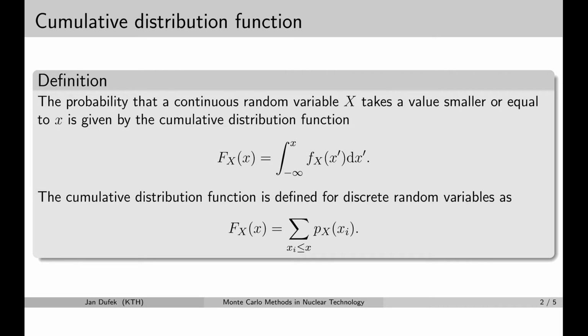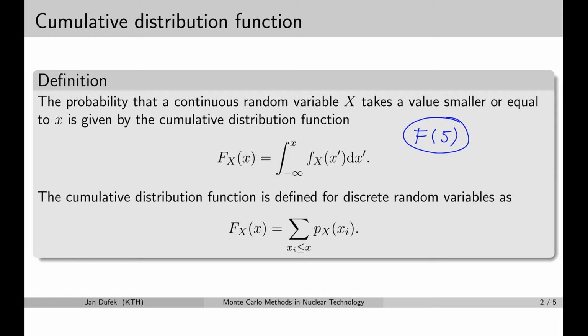Let's take our example of the distance between two collisions. Let's assume that we know the cumulative distribution function for this random variable, and let's say that we evaluate this function for 5 centimeters. So this value is the probability that the neutron collides within the distance 0 up to 5 centimeters.